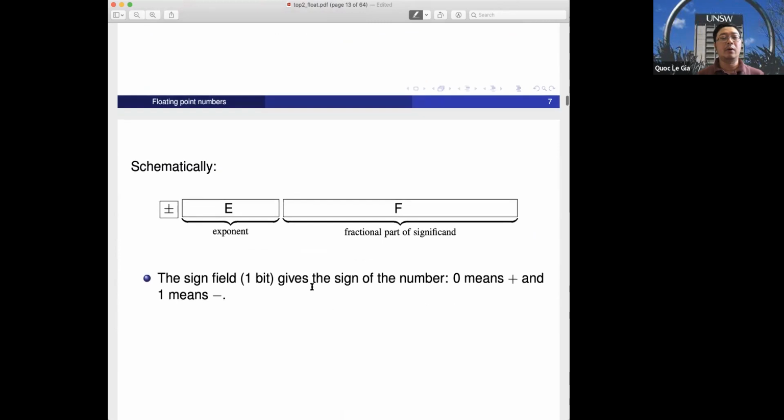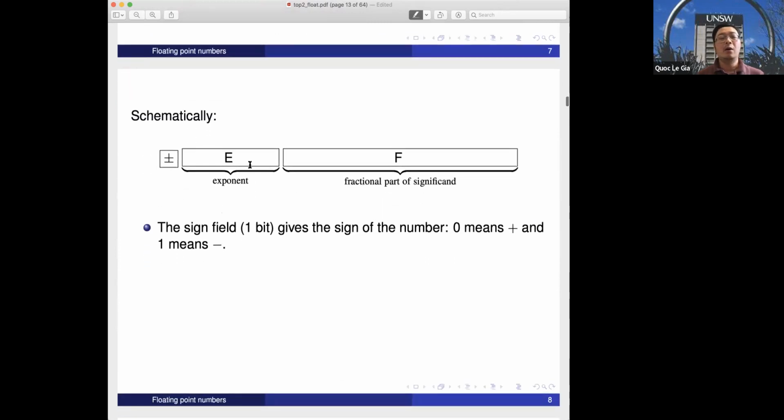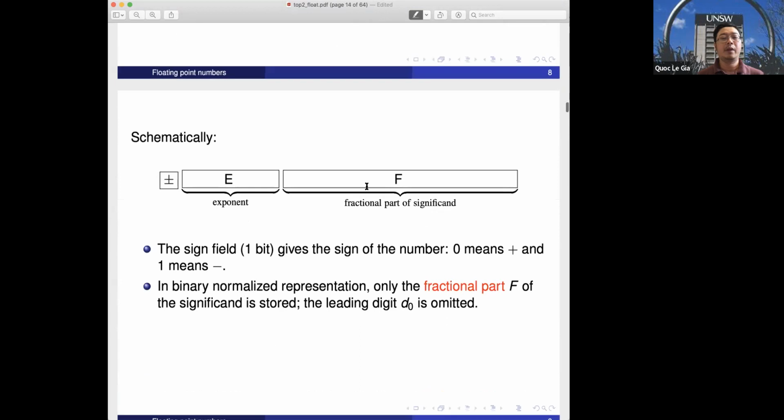Okay, so now go back to the floating point numbers. So now they store the sign, they store the exponent, and they store the fractional part of the significand. And then they don't store the leading digit. So D0, they don't store it, because they assume it's a normalized number.